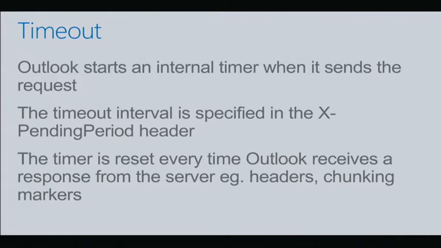So we start an internal timer, and every time we receive a callback saying headers are available or there's more data available, we reset this clock, and if we don't hear anything in that time frame, then we're just going to time out and cancel the request on our side.